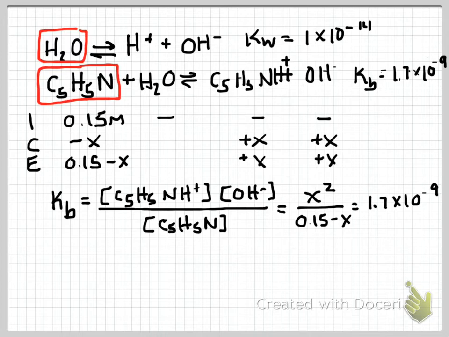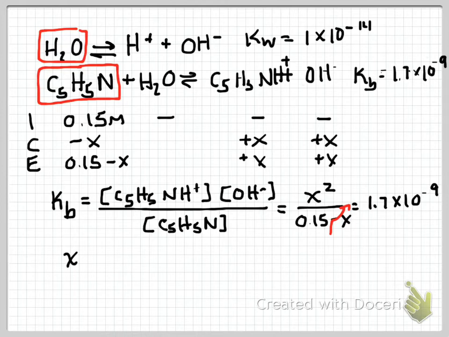We're solving for x. Remember, in this case, x is going to be equivalent to the hydroxide concentration. So let's solve this equation for x. We're going to use our small x approximation. So we're going to say that x is small, so 0.15 minus x is still about 0.15.